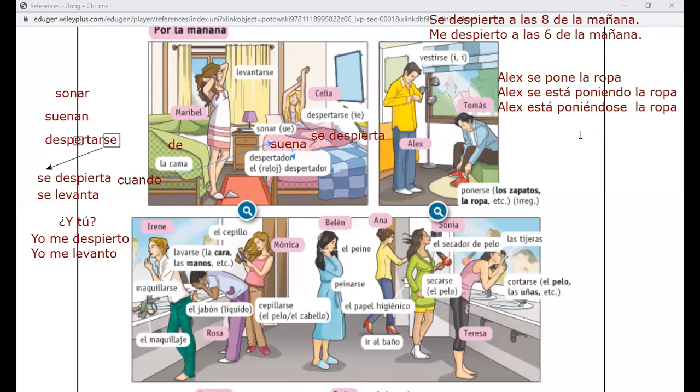What's the purpose of the accent? Because once we add another syllable, to identify where we have to stress the word, an accent is placed on the second to last syllable before you add the reflexive pronoun.